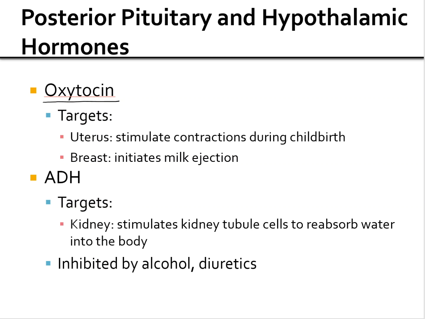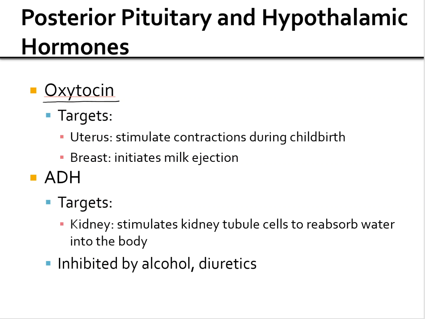When a woman goes into labor, the contractions signal for an increase in oxytocin. Oxytocin causes greater contractions, more hormone is released, more hormone causes more oxytocin, and so on and so forth. Oxytocin also is responsible for initiating milk ejection from the breast during suckling or breastfeeding as well.